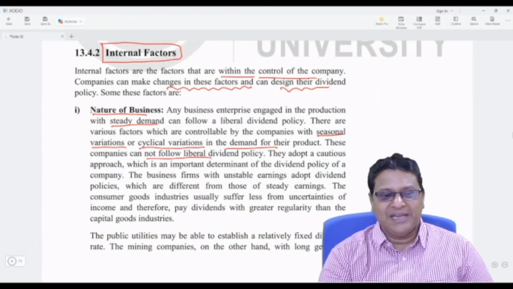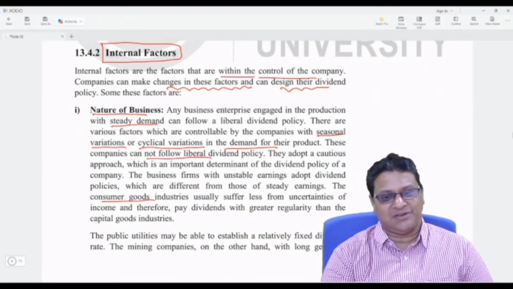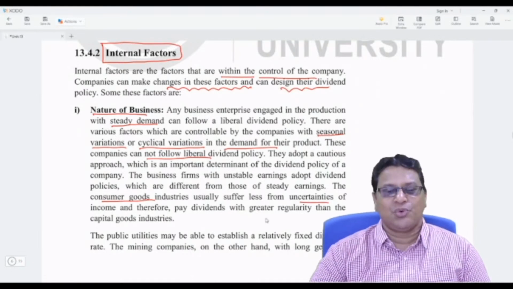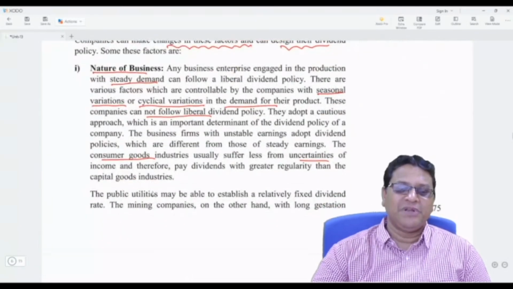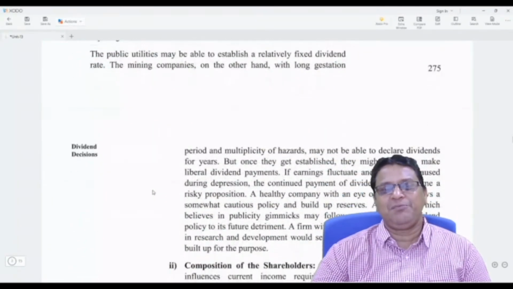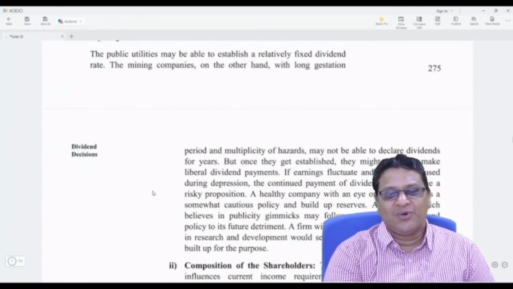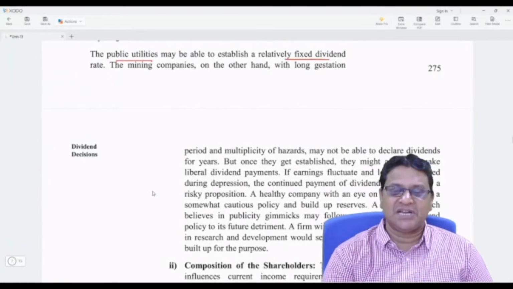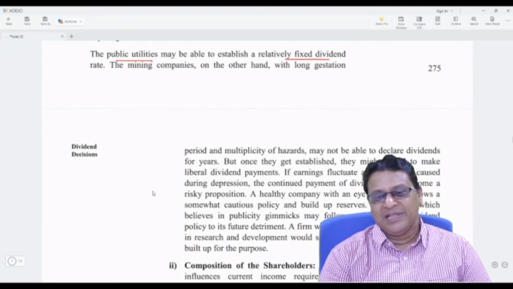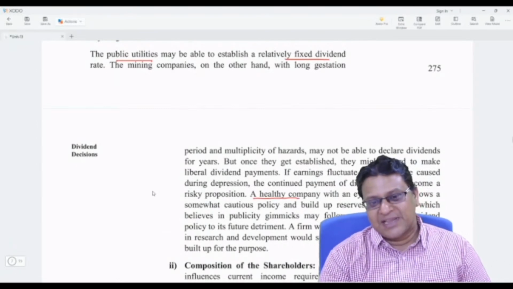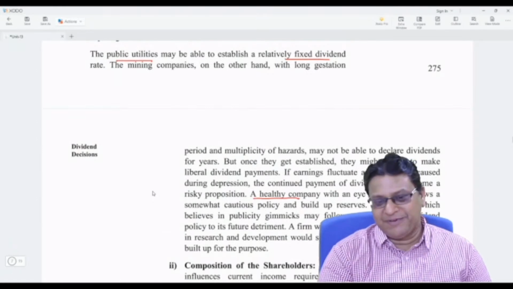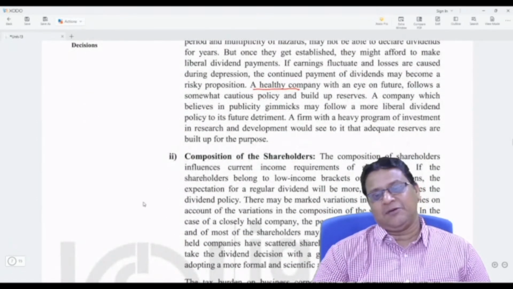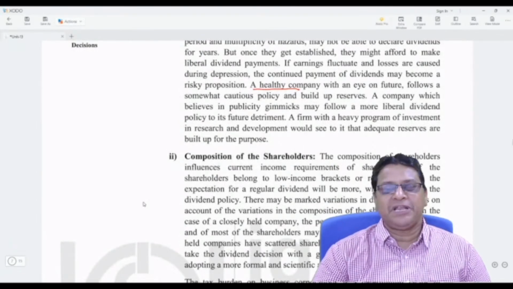Suppose you are in the consumer goods industry where there is uncertainty regarding income, so more dividend cannot be declared. But suppose you are in public utilities business where income is more or less fixed, so you can pay a fixed rate of dividend. A healthy company can pay more dividend than a problematic company, a suffering company.